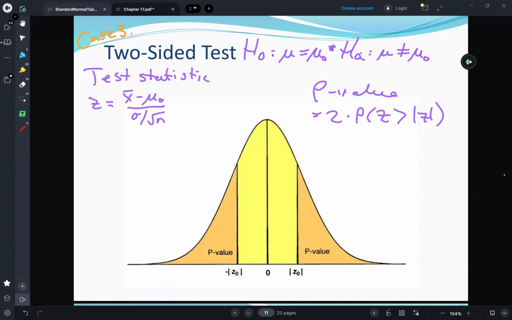And then we calculate our probability value, our p-value. It's a capital P value. This time we multiply 2 times the probability that z is greater than the absolute value of z. These are absolute bars.